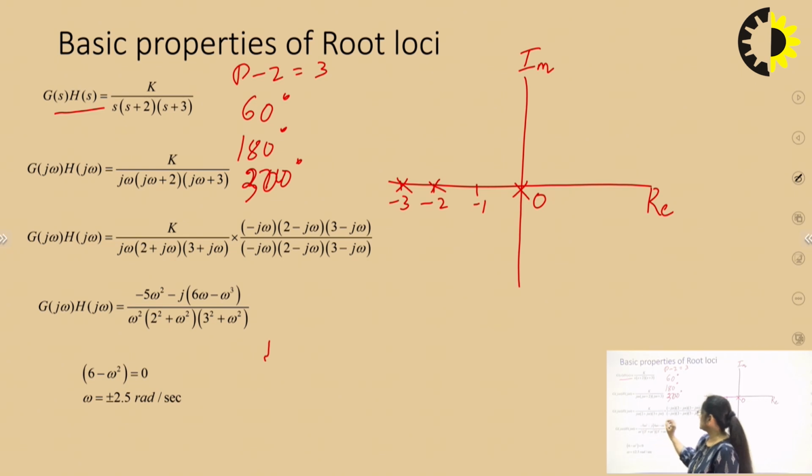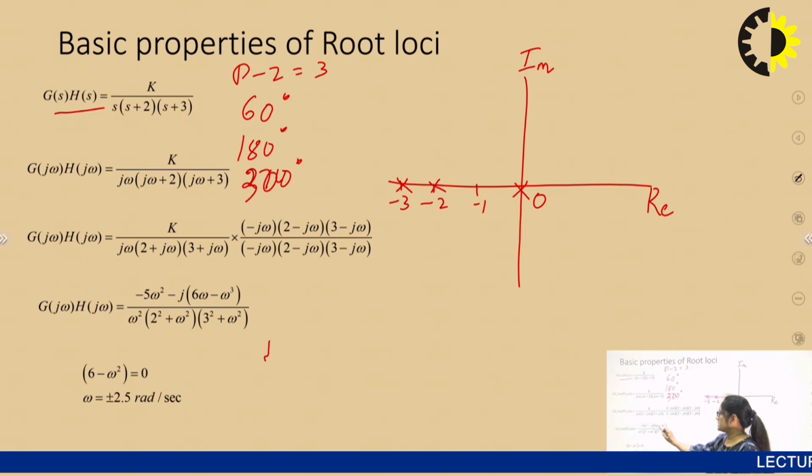To rationalize, we use the conjugate so that the denominator does not have the term j. Therefore, when you solve this, the denominator is omega square into (2 square plus omega square) into (3 square plus omega square), whereas the numerator is minus 5 omega square minus j(6 omega minus omega cube).